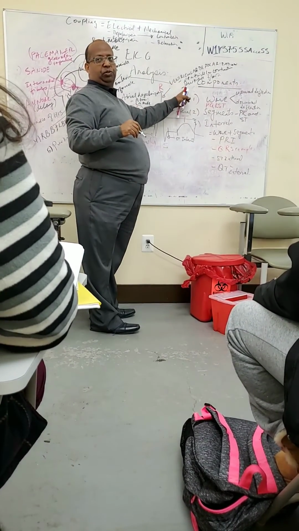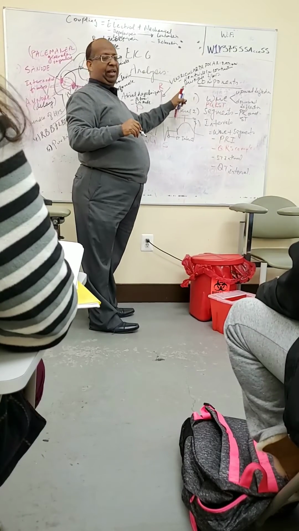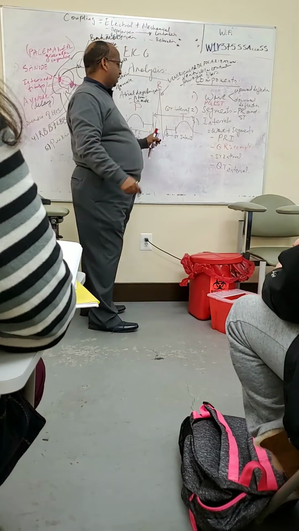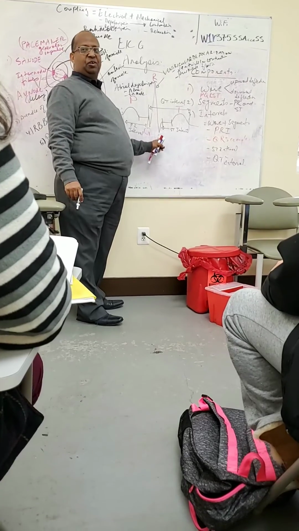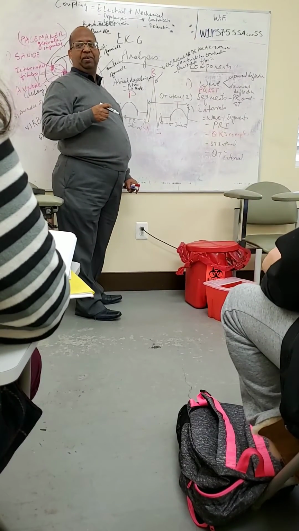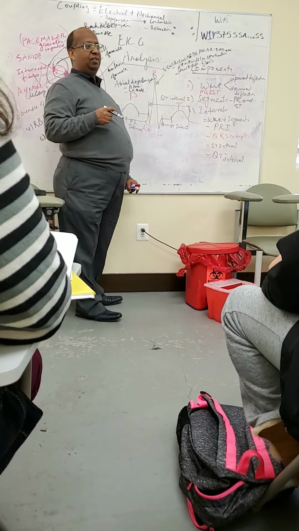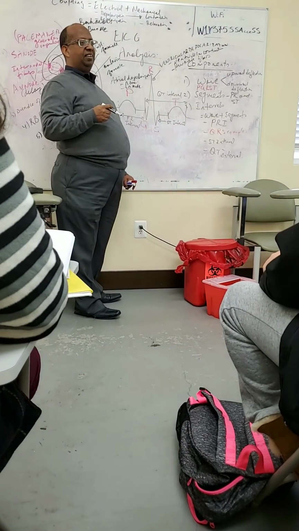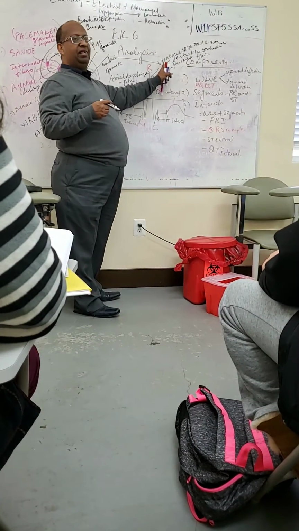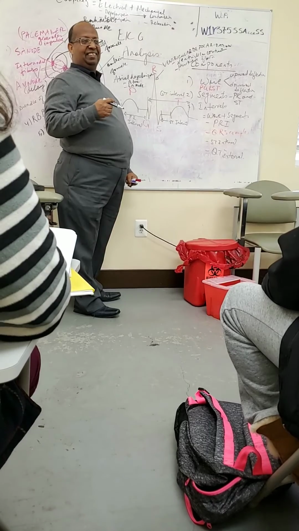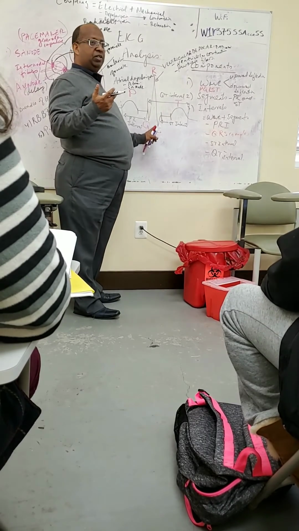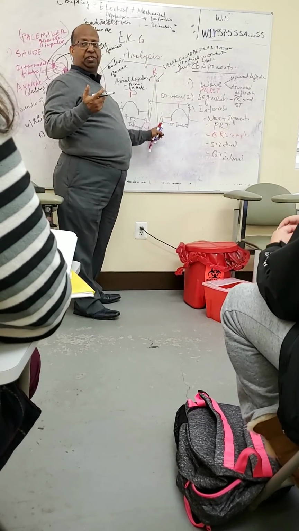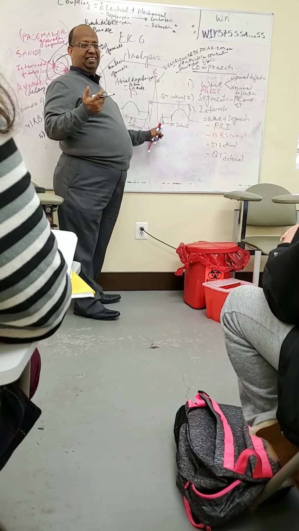It means ventricular contraction. So any problem I see on QRS, what comes to my mind? Where is the problem? On the ventricles, because it always represents ventricular depolarization. Got it?